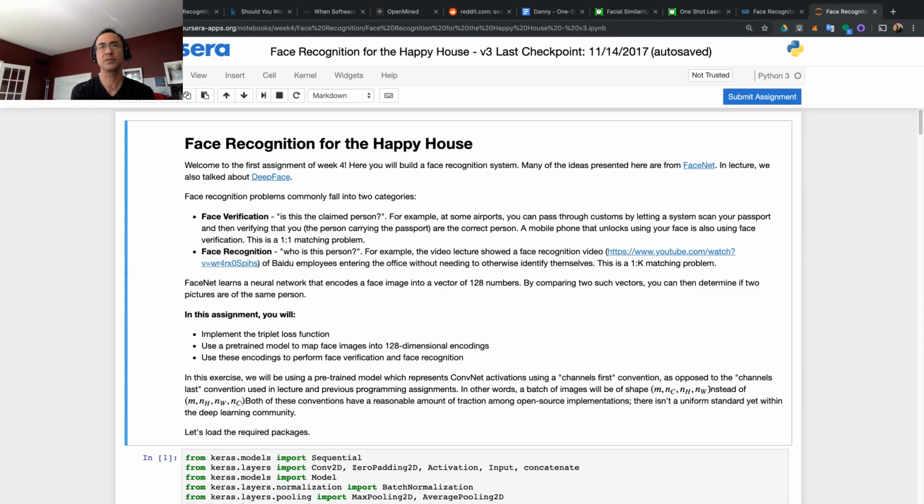That means there is something meant to be picked up, but that person still wants to know that you are Danny, right? The person doesn't know what I look like. The person just cares if I show them an ID. So I show my driver license or passport. Okay, this is me. This is the proof that I'm Danny. And that's it. The person doesn't have to know who I am. The person just has to know, is this the claimed person? So in that sense, it's a one-to-one matching problem.